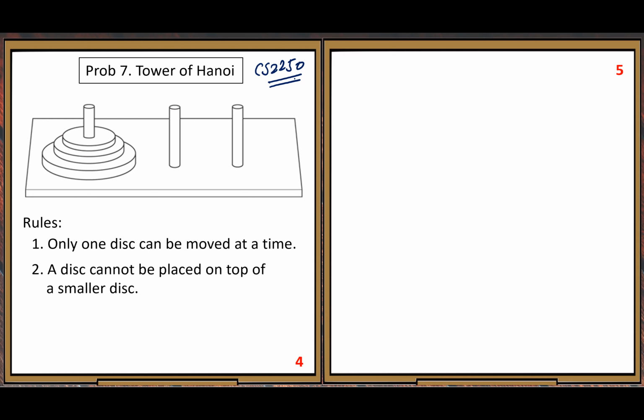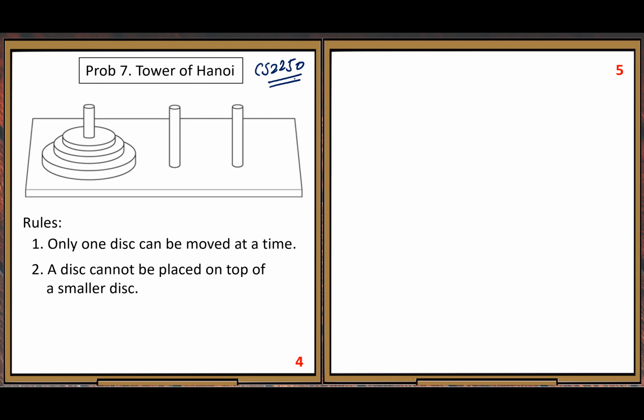The second rule: a disk cannot be placed on top of a smaller disk. When you move, you cannot place a larger disk on top of a smaller disk. You have to follow a certain order. This rule makes the puzzle a little harder.